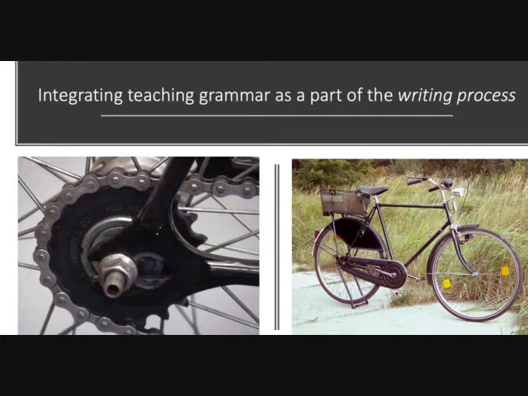If you were going to teach grammar in isolation the way that we're doing, it's like focusing only on the gears and ignoring the wheels and the brakes and the bell, the light, the seat, all that other stuff, the frame that makes the bicycle go. So instead of teaching just the gears, just the grammar, we're going to focus on the whole process of the bicycle.